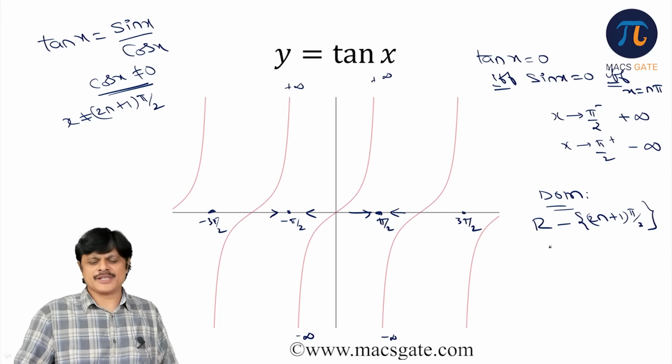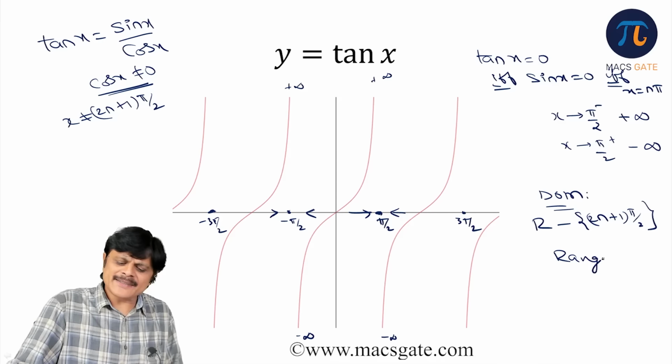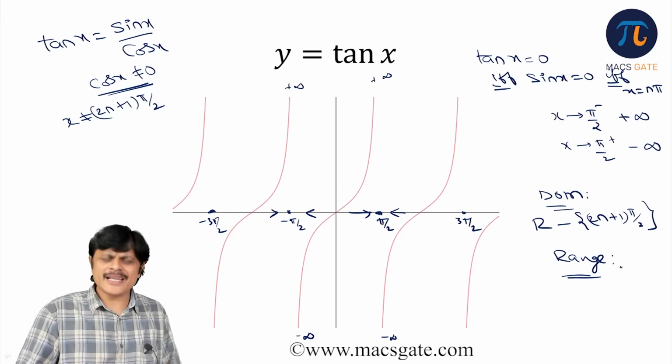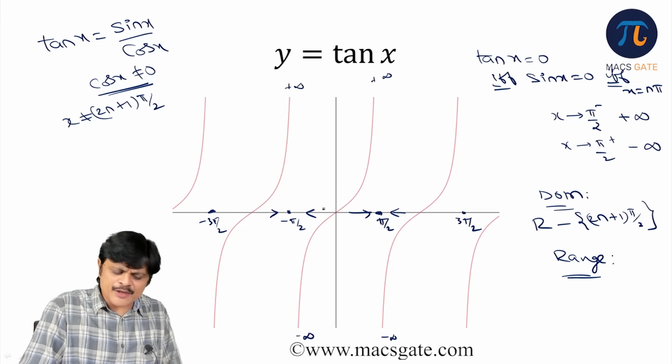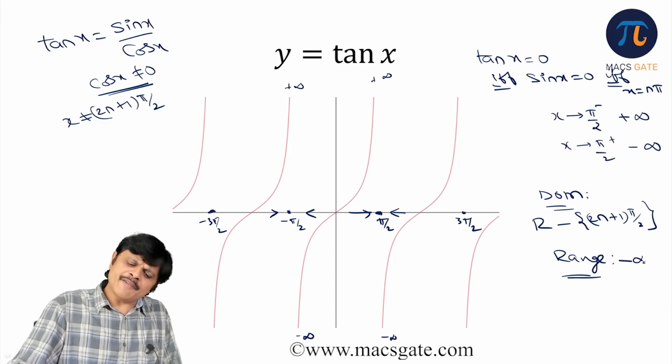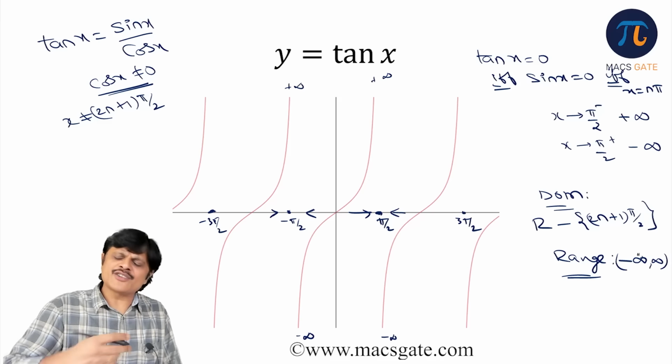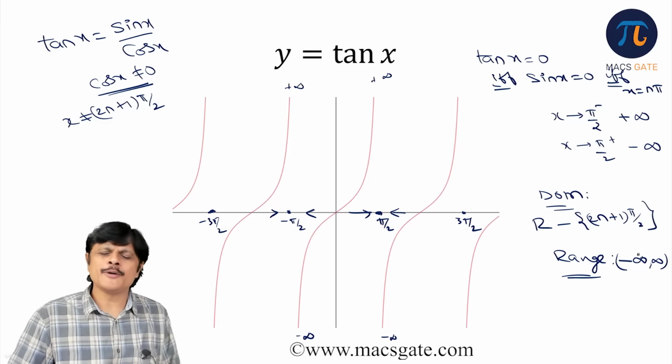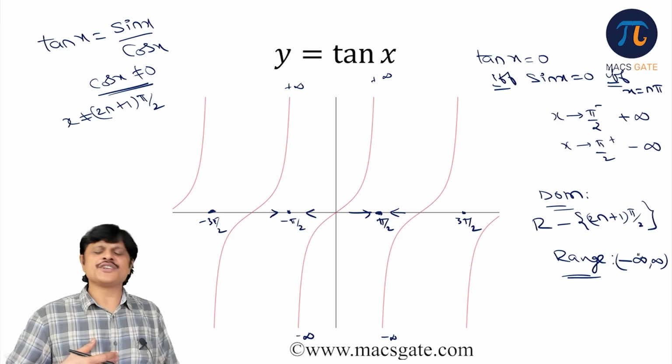This is the information. But the domain of tan x has difficulties at x equal to pi by 2, minus pi by 2, 3 pi by 2, minus 3 pi by 2, like that. What about the range? It takes all values from minus infinity to plus infinity. That is about the range of tan x.